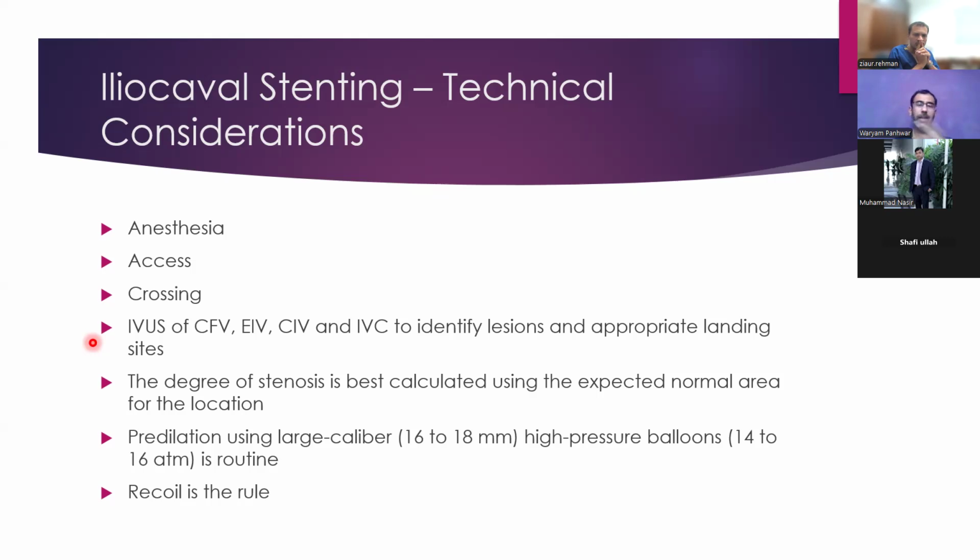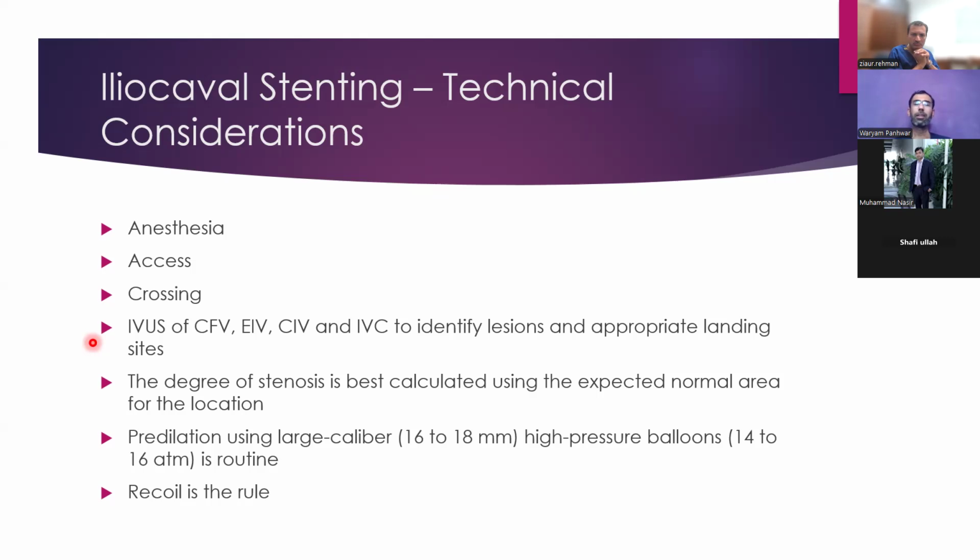Once we have crossed the lesion, IVUS is done for the common femoral vein, external iliac vein, common iliac vein, and IVC to identify lesions and appropriate landing zones, proximally and distally. The degree of stenosis is best calculated using the expected normal area for the location. We can compare the normal area or diameter of the contralateral normal vein, and we can size the stent accordingly.